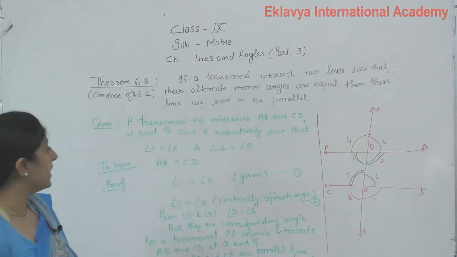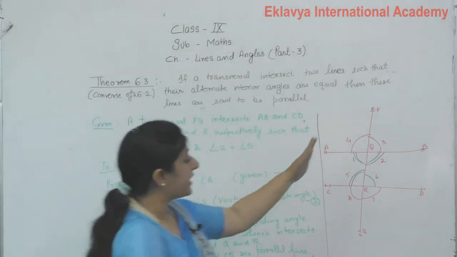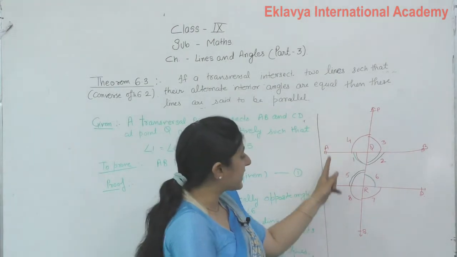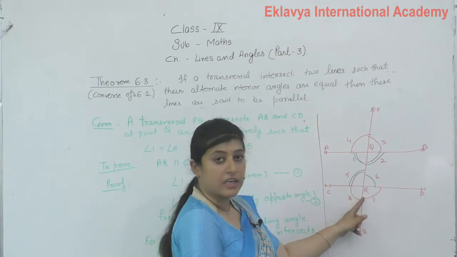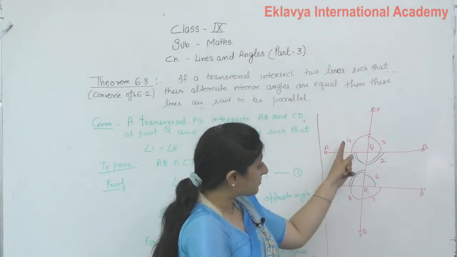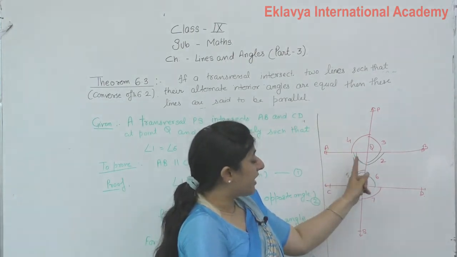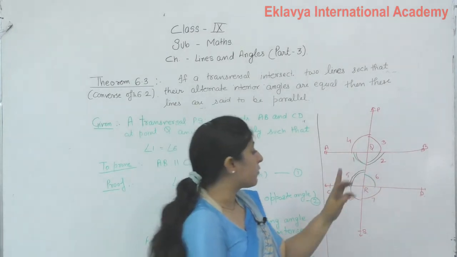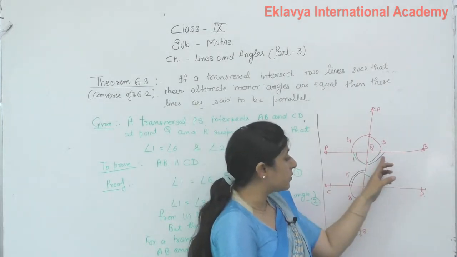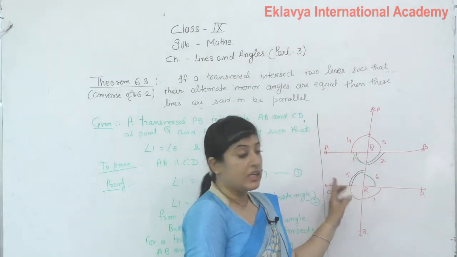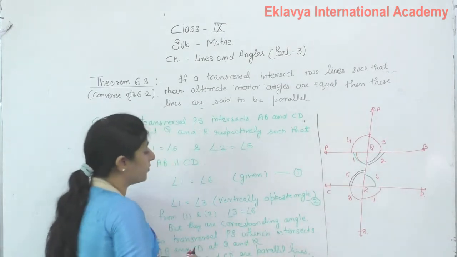What can we do here? Given only a transversal PS intersects AB and CD at points Q and R such that their alternate interior angles are equal. It means 1 is equal to 6, 2 is equal to 5. Similarly, you can prove this one also.